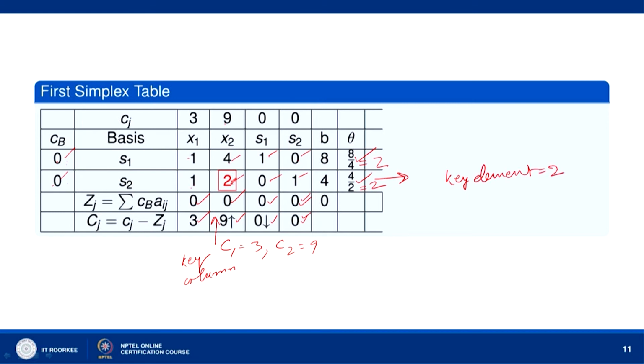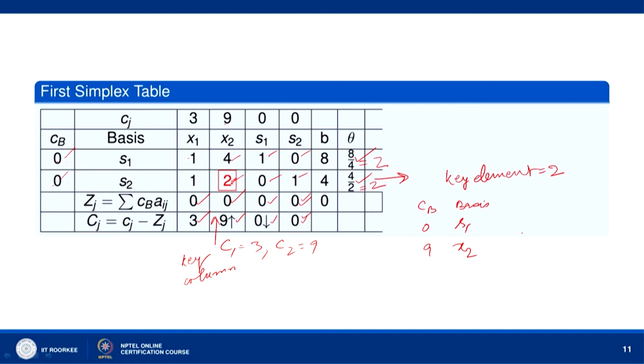So, we divide this row by 2. Now, what will happen? S 2 will be going out and x 2 will be coming in. So, the new simplex table will have CB 0, basis s 1, and here in place of s 2 we will get x 2, whose coefficient is 9.